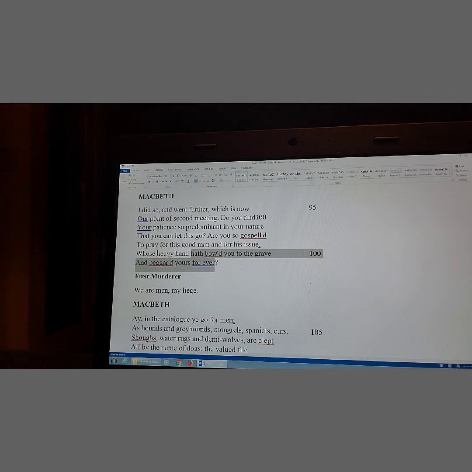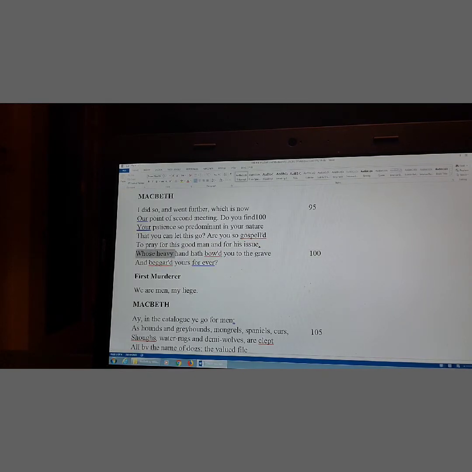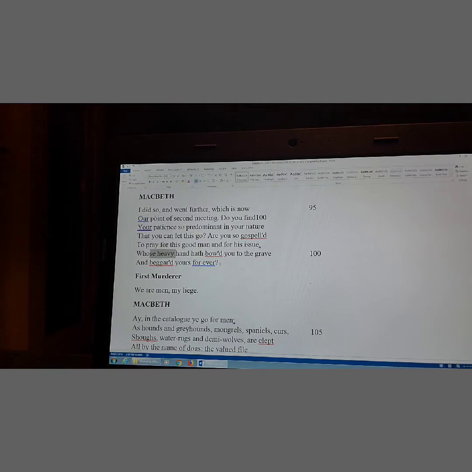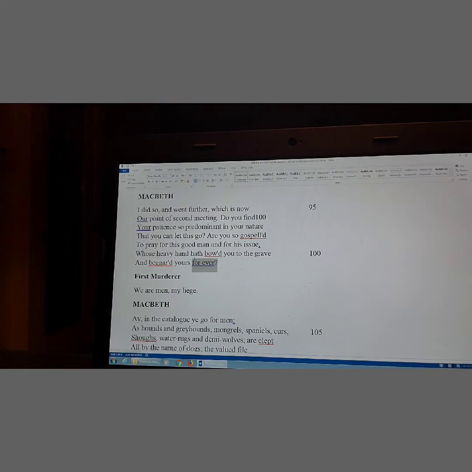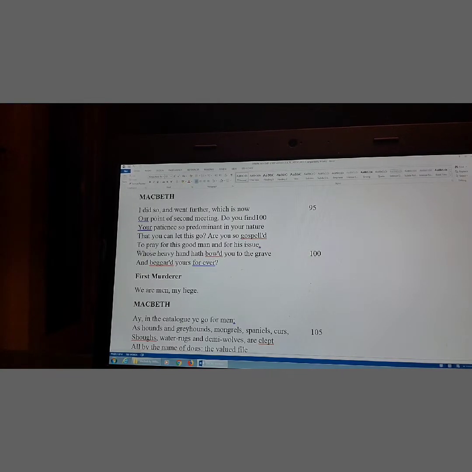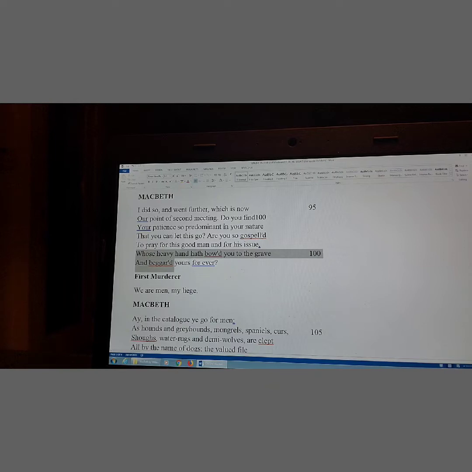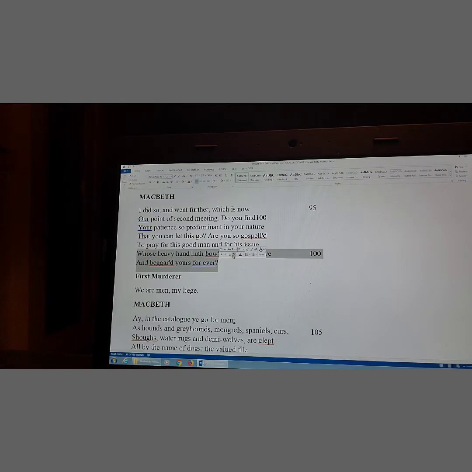So again, let's just make sure I'm not making a mistake. Oh, come on. I'm not very used to this mouse. There we go. "Whose heavy hand hath bowed you to the grave and beggared yours forever." Right?